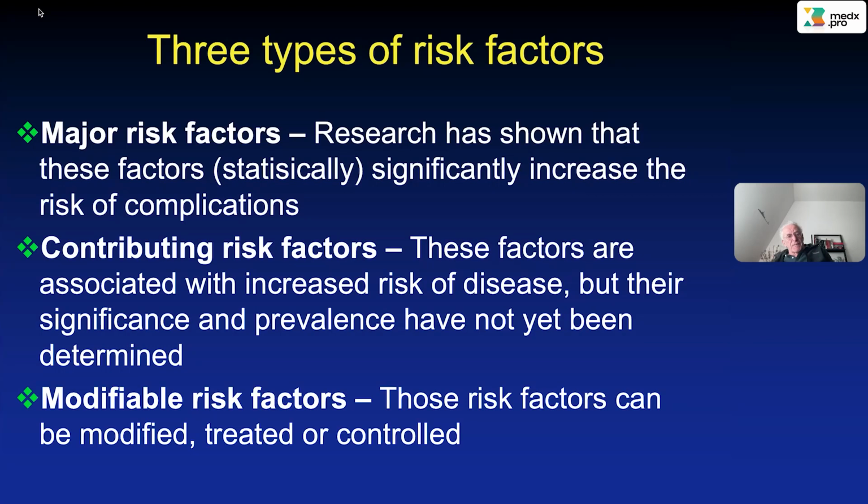And most importantly, there are risk factors that are modifiable. In other words, you can treat them or control them and prevent anastomotic leakage beforehand. And that's why it's important to talk about and think about risk factors that can be determined beforehand.